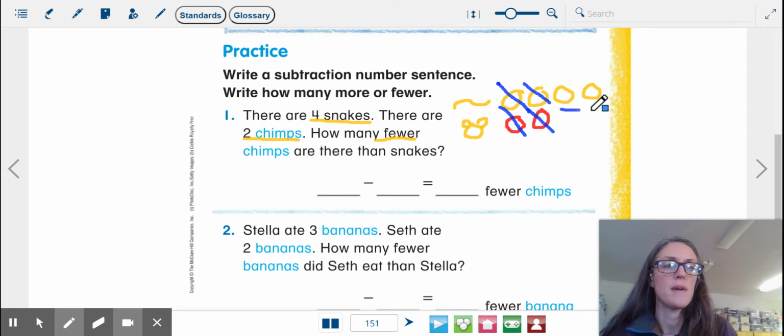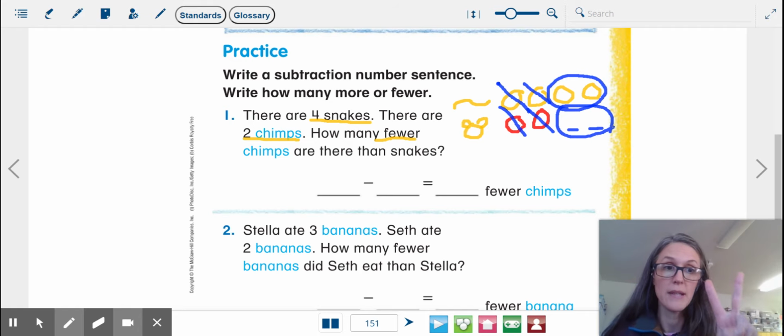So we can see that there are 2 more snakes, but that also means that there are none here, right? There's none here and none here. So that means there are fewer. Fewer means less. There's less chimps. How many chimps less are there? There's 2 less because there's none right here.